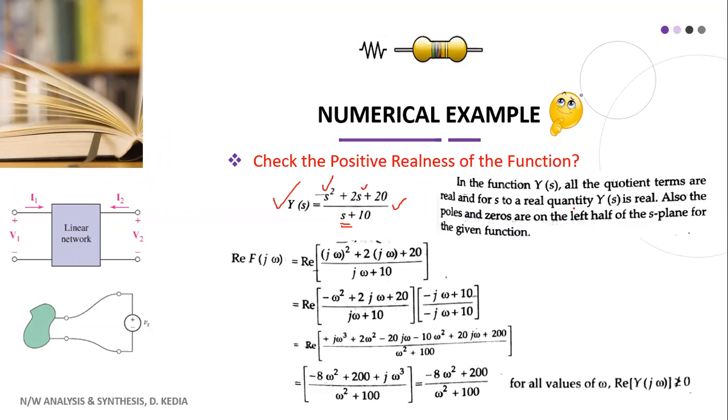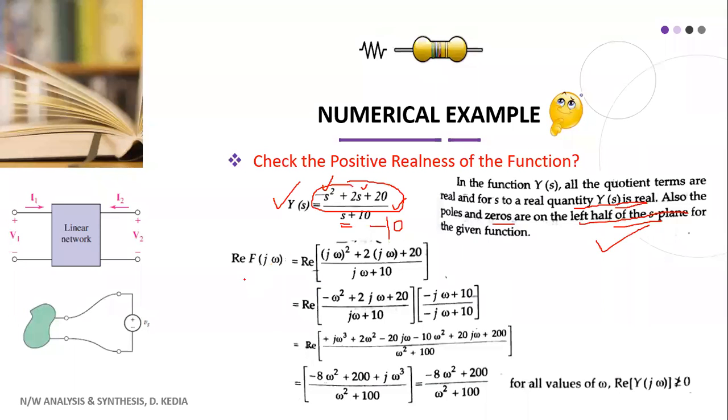So the first condition is satisfied. Second thing is, we have to determine poles and zeros. So what is the value of the pole? That is minus 10. Okay, and if you solve for the roots of the numerator, you can very easily see that since all the coefficients are positive, the zeros will also lie in the left half of the s plane. So it means the first two conditions are satisfied.